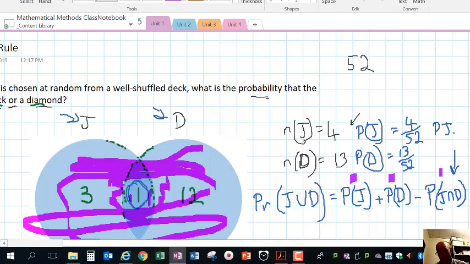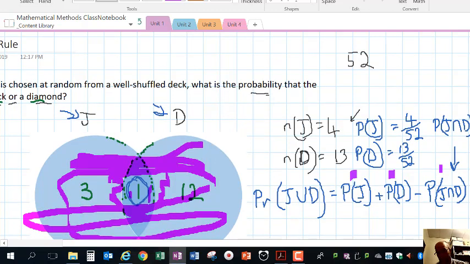So it's the probability of the intersection of jacks and diamonds. That's intersection there. So it's 1 over 52. So 4 over 52 plus 13 over 52 minus 1 over 52.